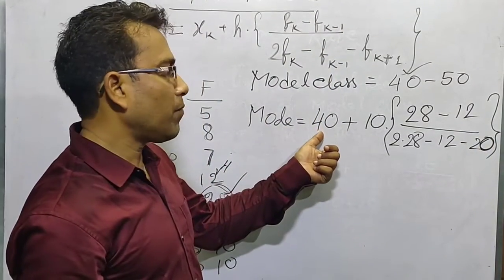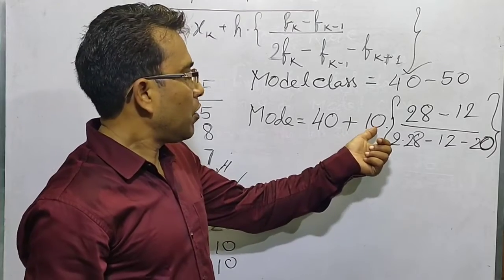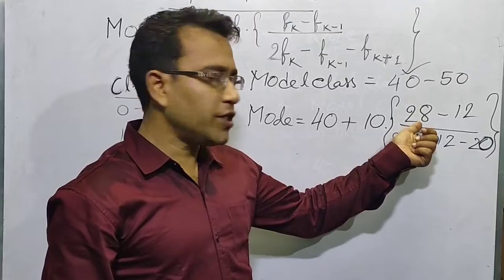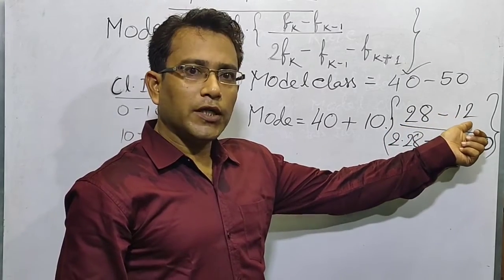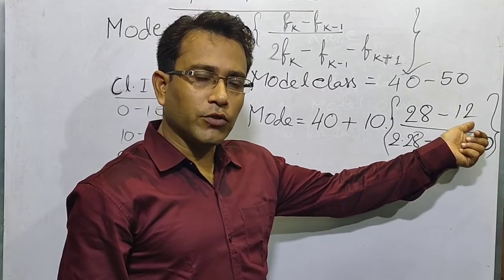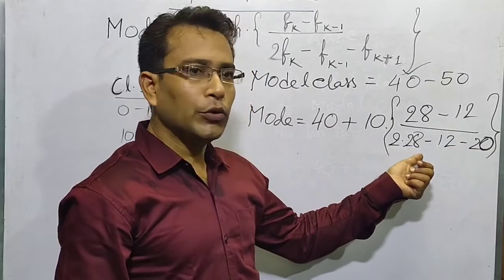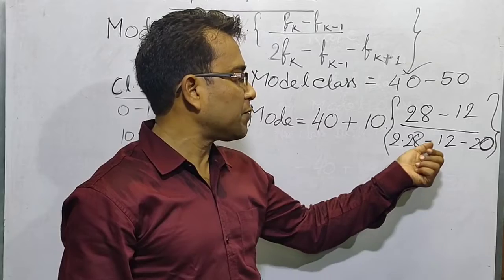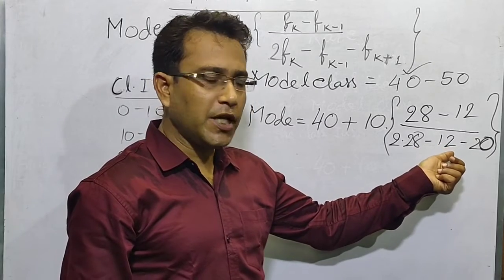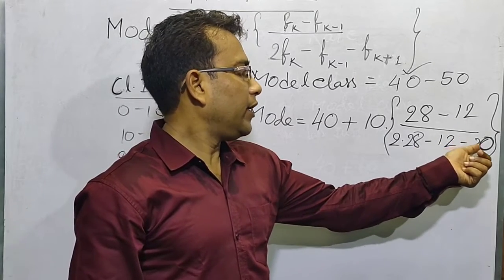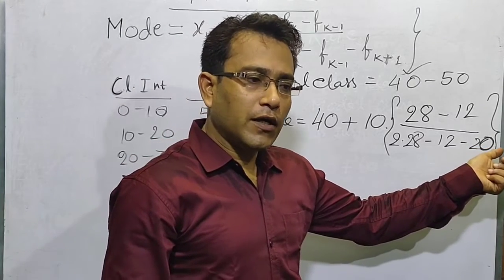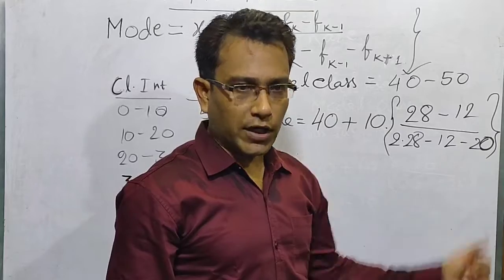Here 40 is the lower boundary of the modal class, 10 the width of the modal class, 28 the frequency of the modal class, 12 the frequency just preceding the modal class, 2 into fk, that is 2 into frequency of the modal class, minus frequency of the preceding class, and next the frequency of the class succeeding the modal class.